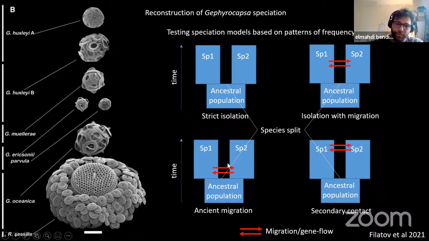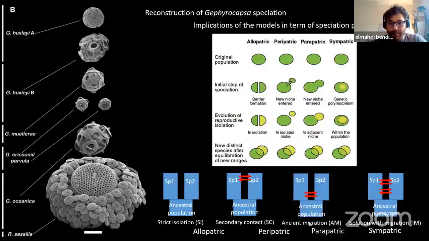So the ancient migration is when the exchange between the populations is still close to the splitting event. And in the secondary contact, it's when the gene flow is way more recent.